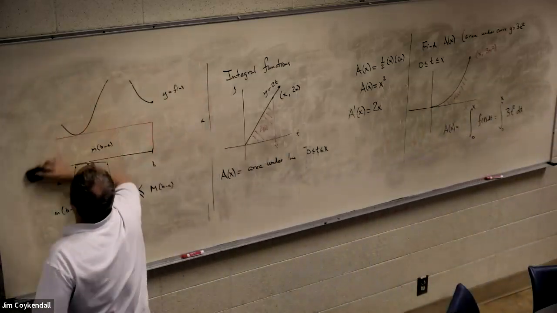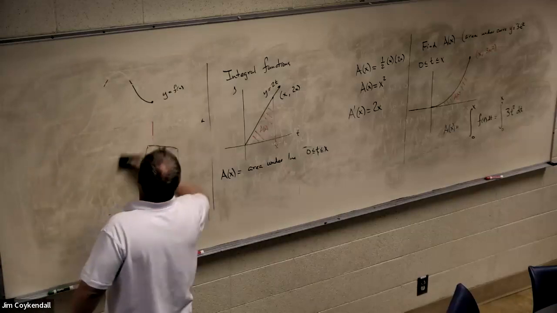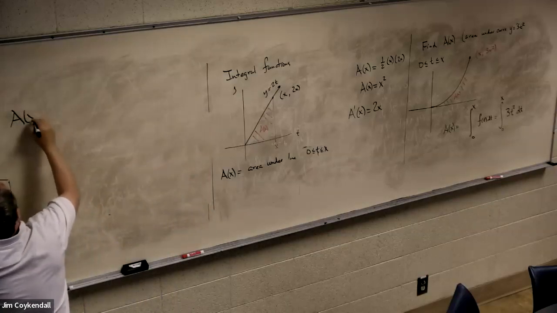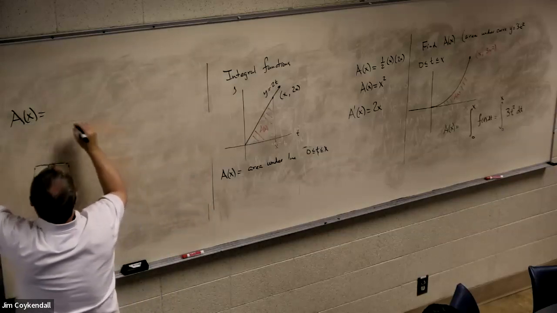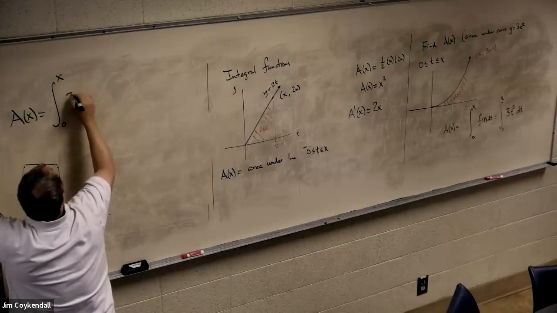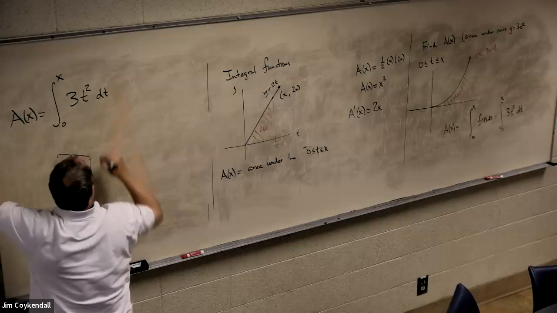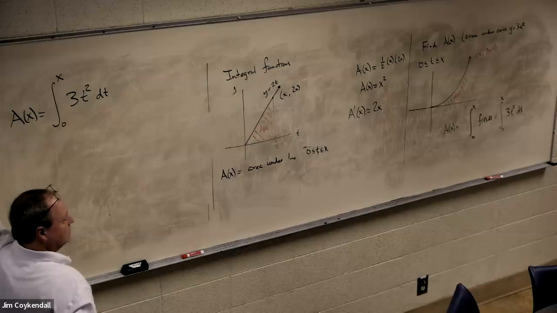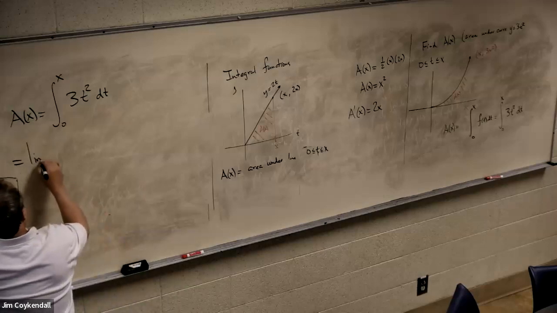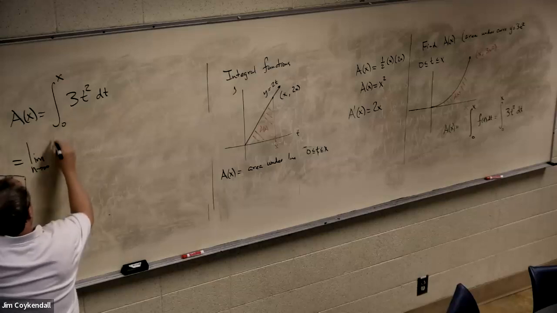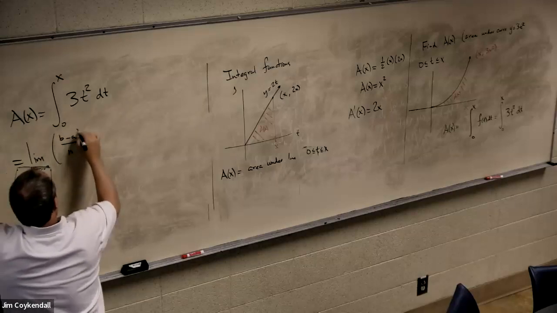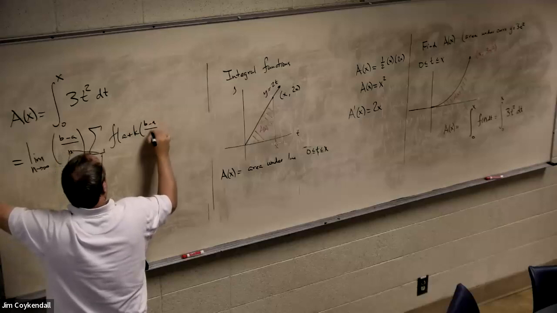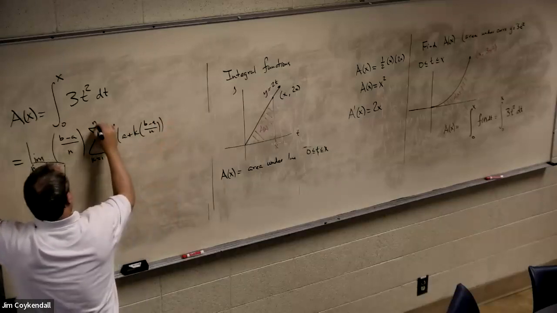So let's try to figure out what A(x) is. So now, this is the limit as n goes to infinity of (b minus a) over n, sum of f of a plus k times (b minus a) over n.